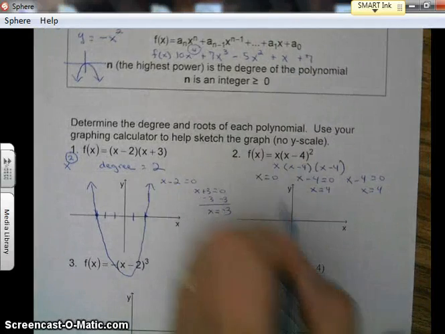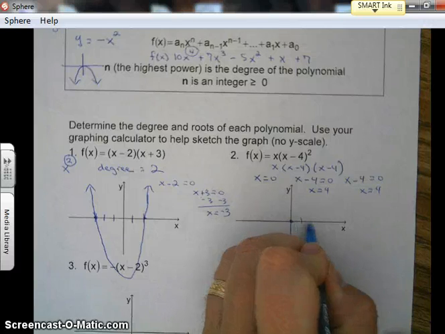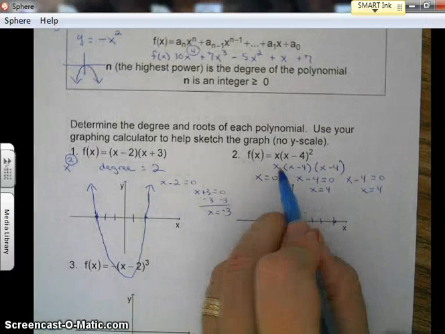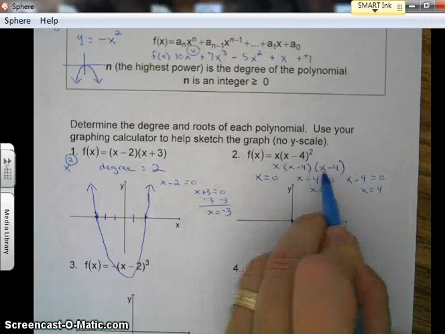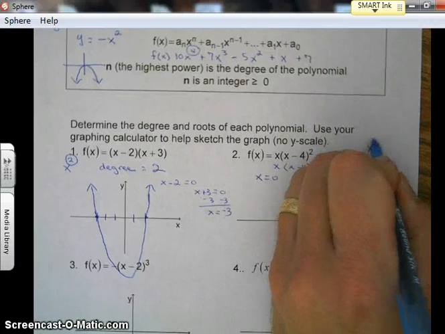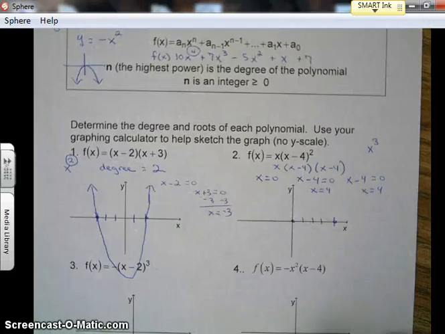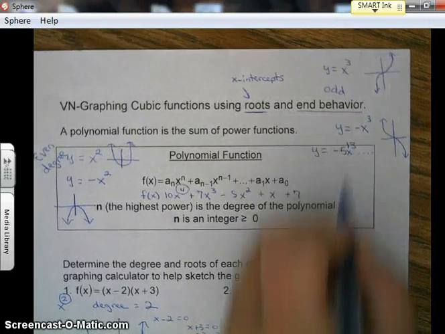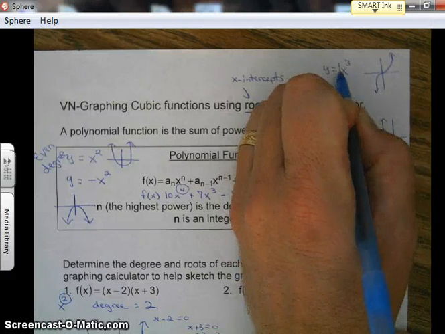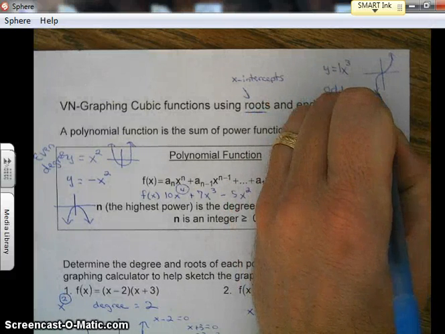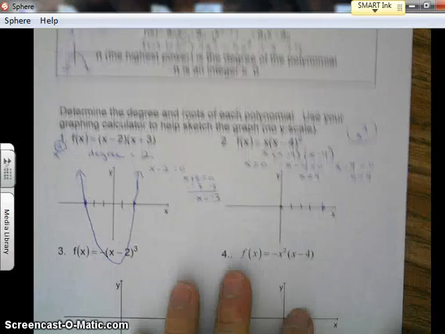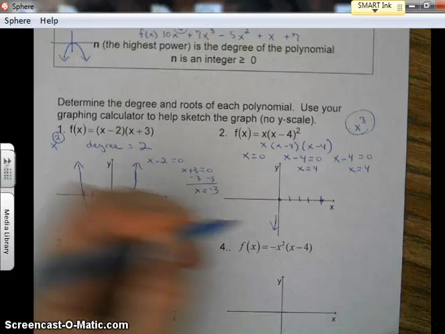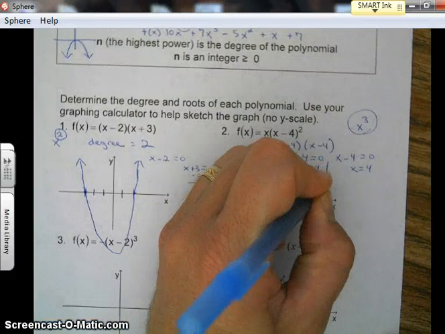So a root at 0 and then 1, 2, 3, 4. So if we do x times x times x, we get x cubed. So it's positive, so it's going to resemble this one. So down on the left, up on the right.